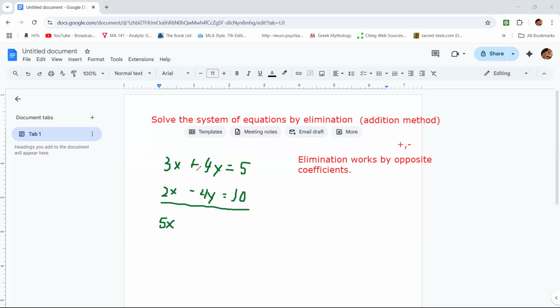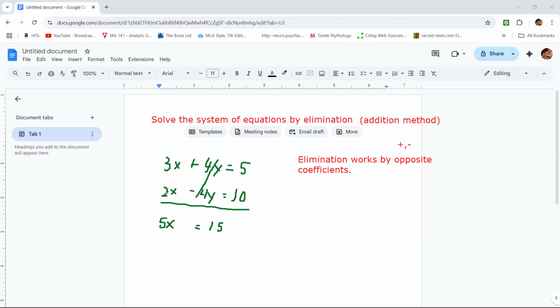Now, positive 4y plus negative 4y, positive 4 plus negative 4, nobody wins here because they're the same size. They cancel out. And that's equal to 5 plus 10, which is 15.